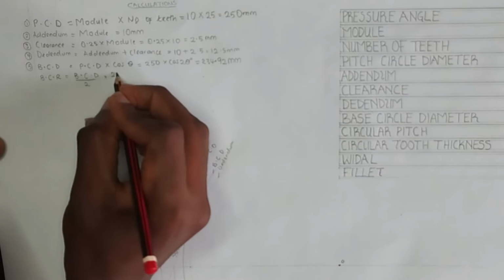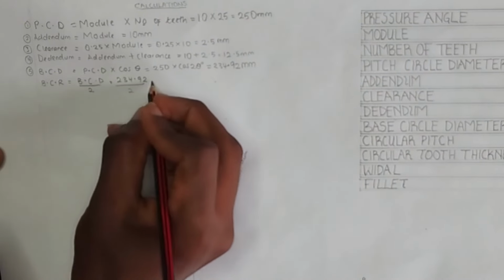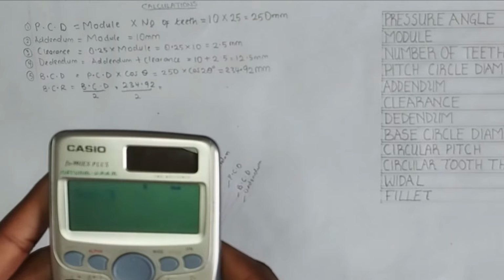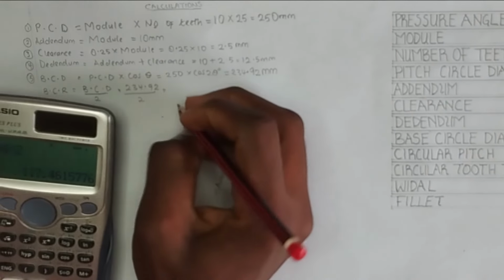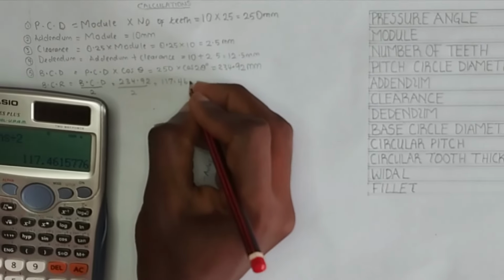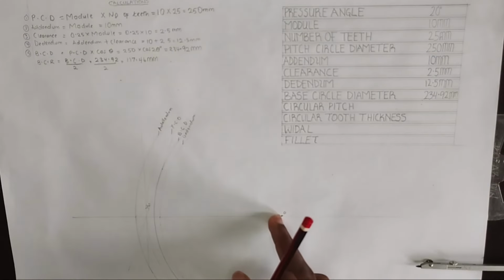So that's 234.92 divided by 2. Let me punch that. Answer divided by 2. That's 117.46 millimeter. So that is going to be the distance from here to here.